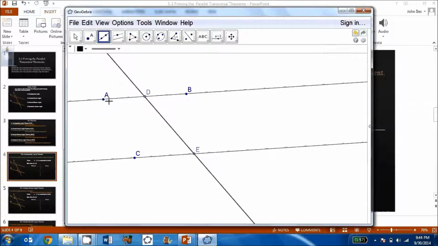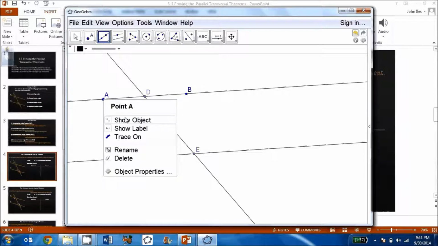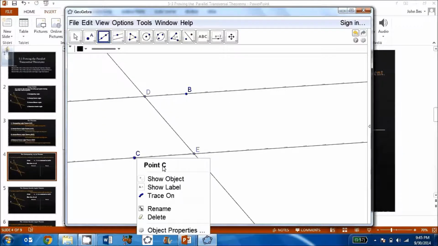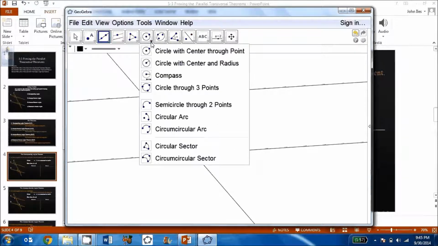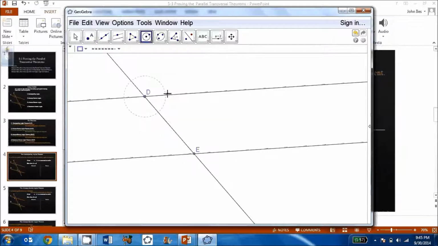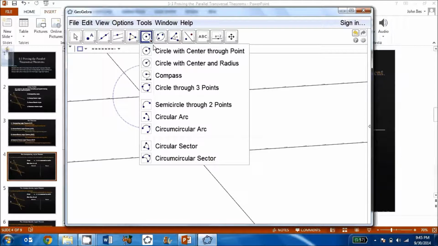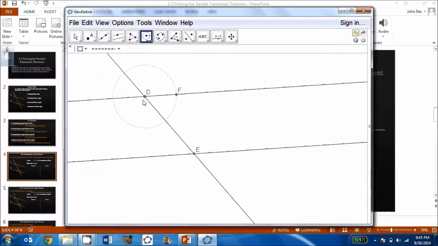So for the sake of clarity, I'm going to hide these points, and you'll remember that we build congruence by building circles that are the same size. So here's a circle around D, and then I'm going to use a compass to build a circle around E that's the same size. We're going to intersect the circle where it meets the lines.